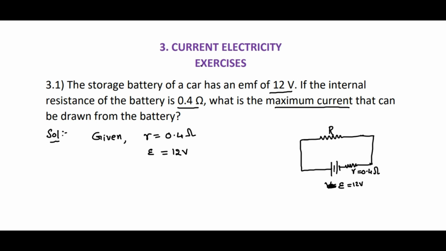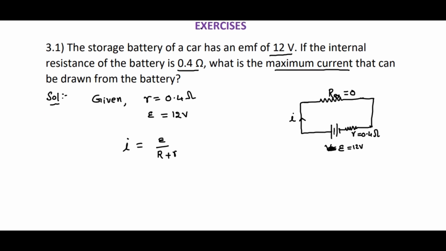Here the current will be maximum if the external resistance is 0. So generally the formula for electric current I is equal to E by total resistance, and total resistance is nothing but external resistance plus internal resistance. It is the formula for the current passing through the circuit.